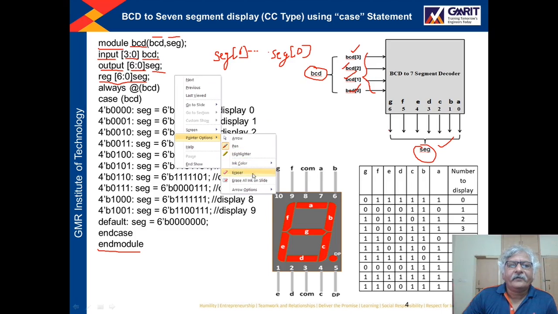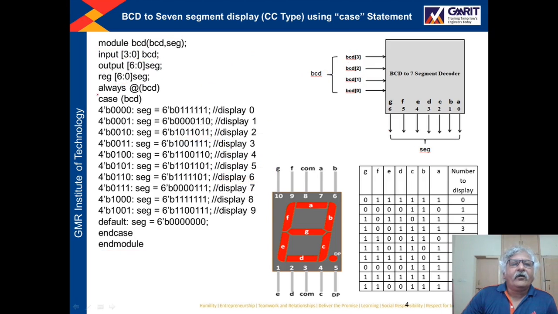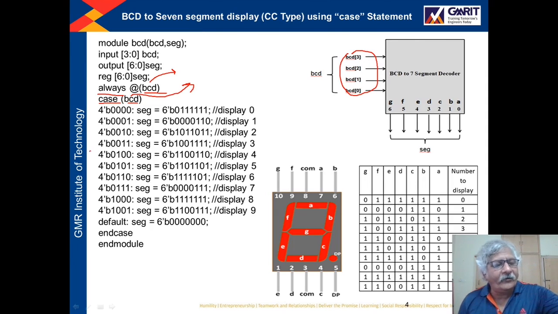Okay. Now always @(BCD). Whatever the inputs are, we include them in the sensitivity list of this always block. Then case (BCD). BCD is the expression, and depending upon the value of BCD, one arm of the case statement will be executed, right?